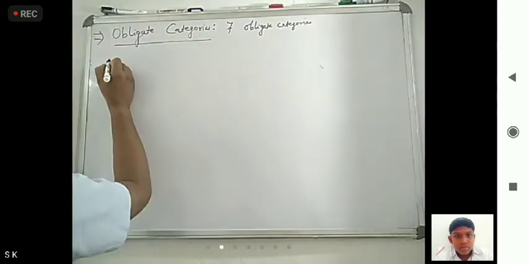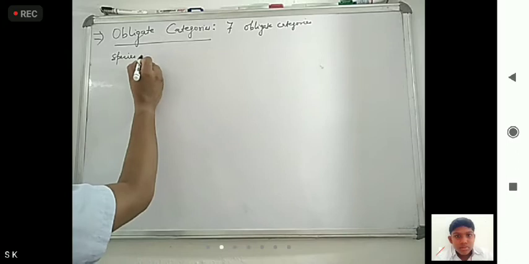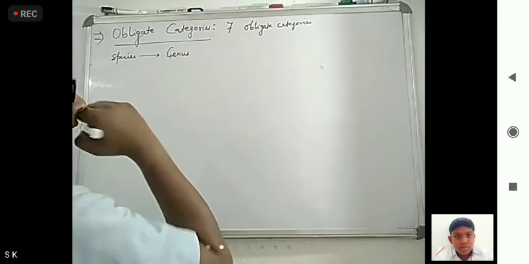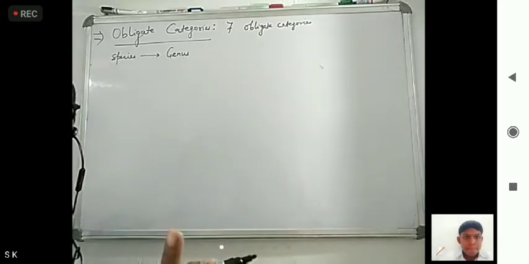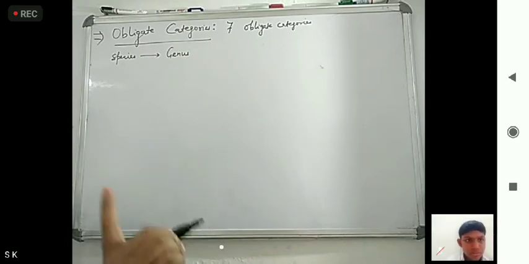And what are those? We are taking the ascending order: species, then genus. You have to remember: keep pot clean, otherwise family get sick.